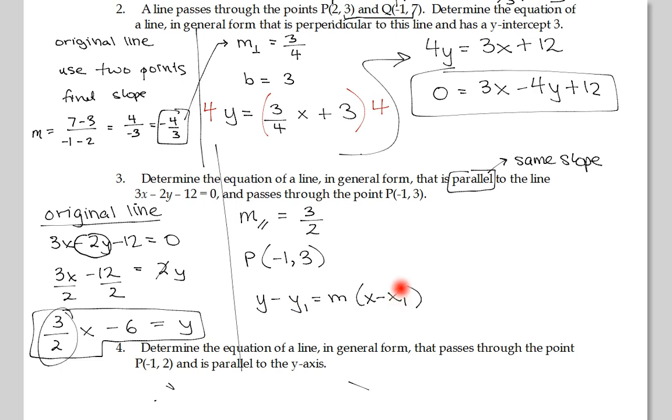And what goes for x1? Careful. What goes in for x1? -1. So you're going to have a subtraction of a -1, which will yield a +1. Some of you probably could do this in one step. I'm going to do it in two: x minus -1. And if you're at the point where you don't need that extra step and you just go to this, then I'm fine with that.